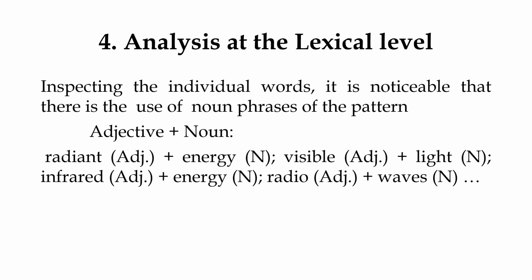Visible is an adjective plus light, which is a noun, visible light. Infrared is an adjective plus energy, which is a noun, infrared energy. Radio is an adjective plus waves, which is a noun, radio waves.